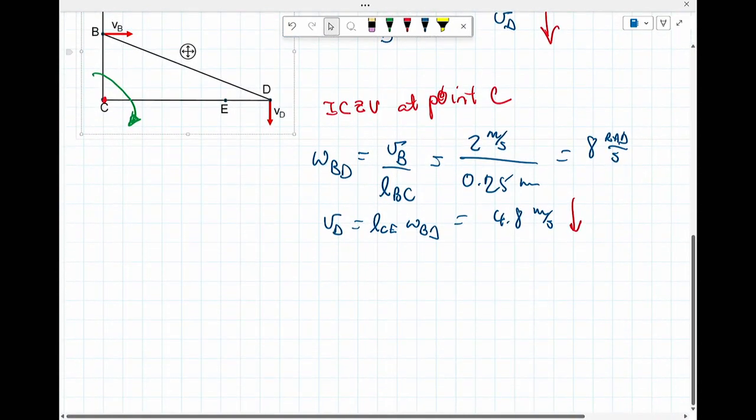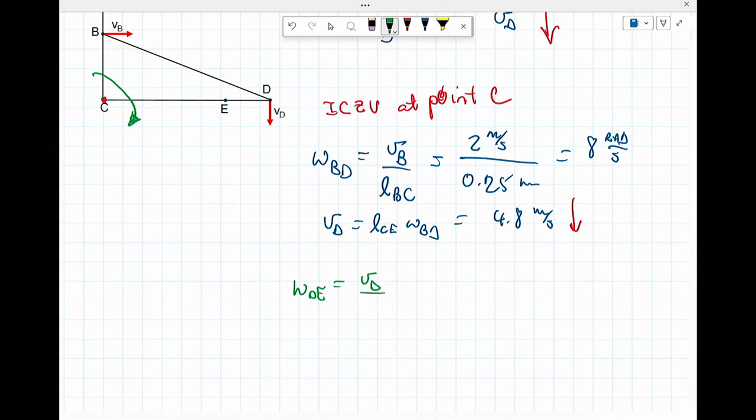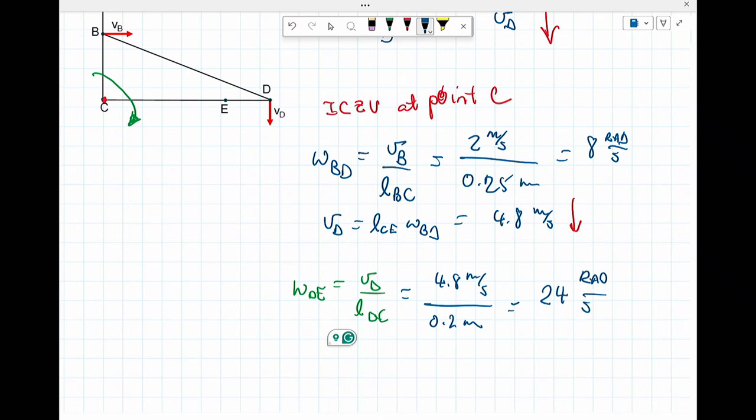So omega of DE equals VD over LDE, and that's equal to 4.8 meters per second, all over 0.2 meters, the radius of the disk, which equals 24 rads per second. And that is clockwise. So I have from that pretty quickly all of the terms and all of the expressions that I need.